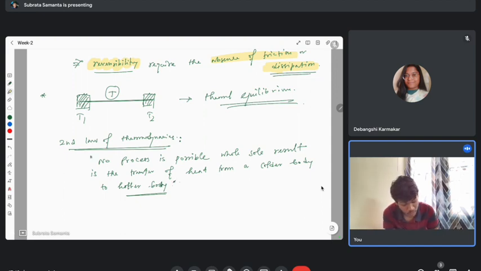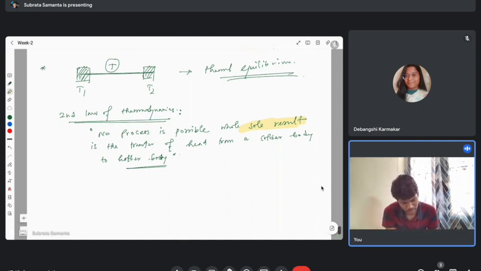So this is important. "Sole result" means that some part of the process may be possible, but if you consider the complete process collectively, then you cannot say the heat transfer from a colder body to a hotter body is possible. So, sole result.